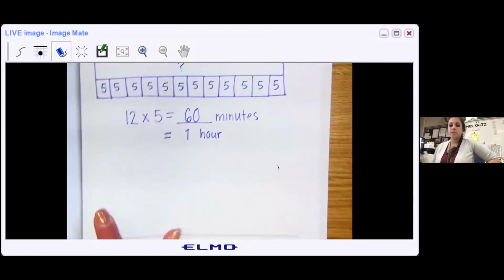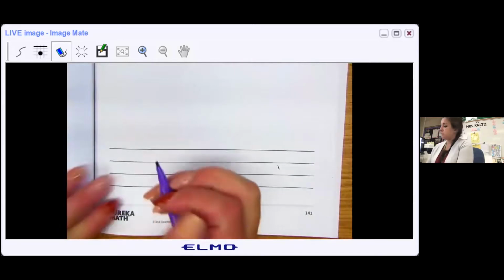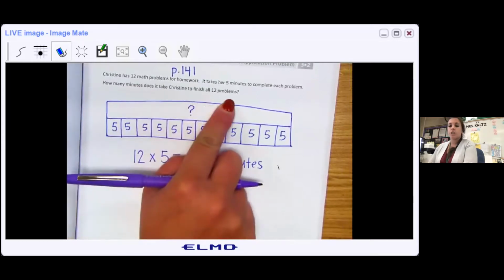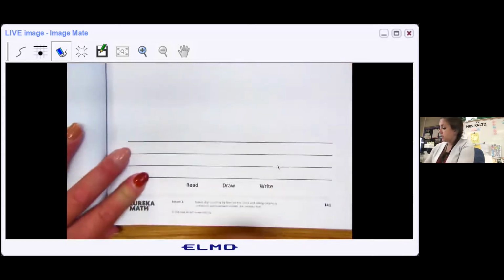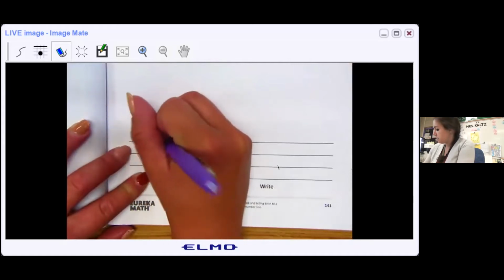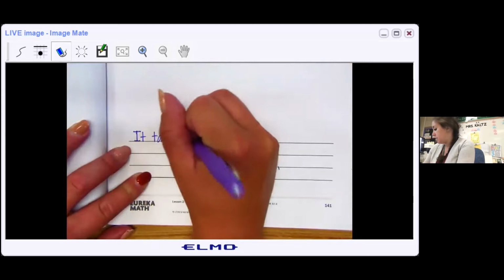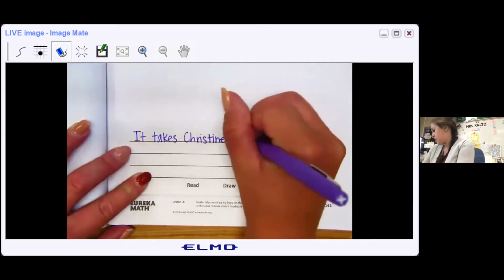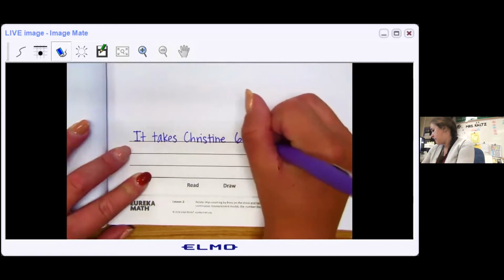So coming down to write, here's my question, how many minutes does it take Christine to finish all 12 problems? So I should keep it at minutes. So it takes Christine 60 minutes, but then I kind of want to show off.